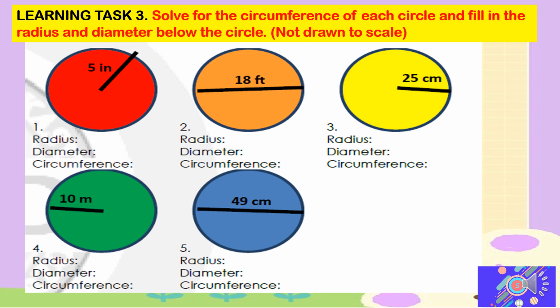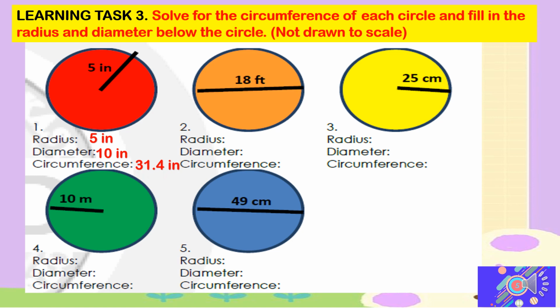So for number 1, the radius is 5 inches. The diameter is 10 inches. Remember that diameter is twice the radius. And then the circumference is 31.4 inches.